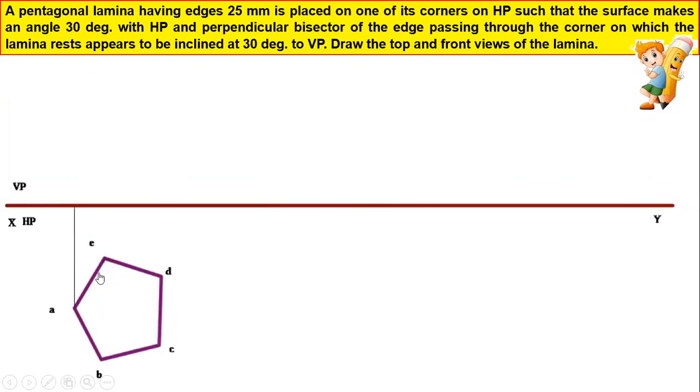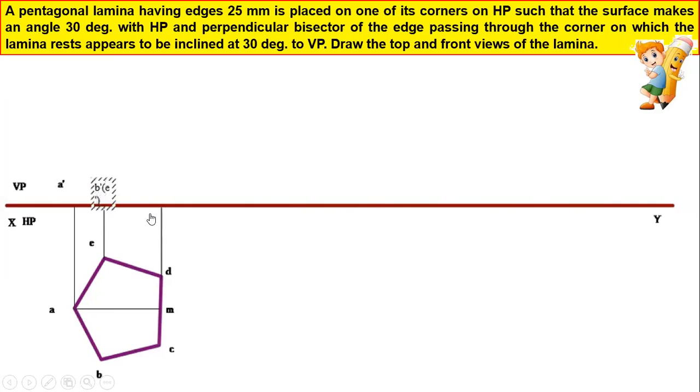Now draw the projection line from each of the points. You have to represent the perpendicular bisector. The perpendicular bisector is a line drawn from any one corner to the opposite midpoint of that edge. So AM is the perpendicular bisector.